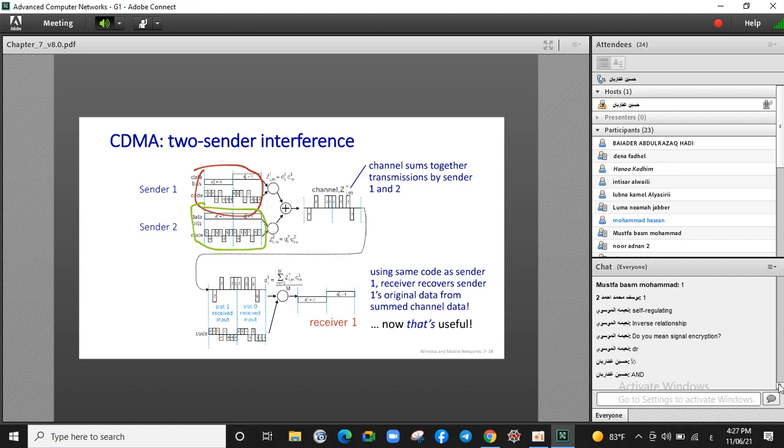They apply their data with their codes, multiplying their data, and they send the information. But look at this one here. When I'm moving toward the network, inside the network, I can see only the summation of those values. Get this? Two slot summations.